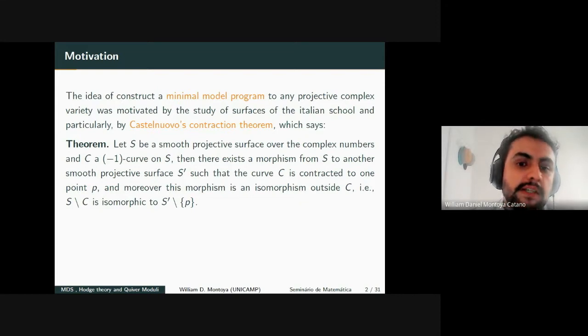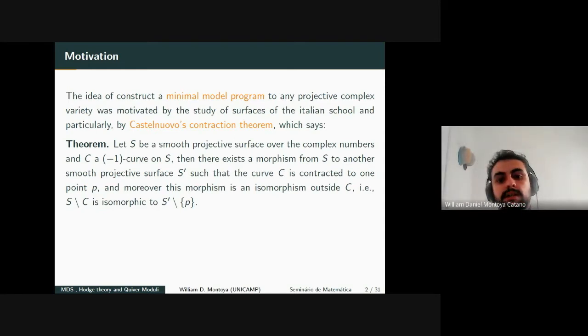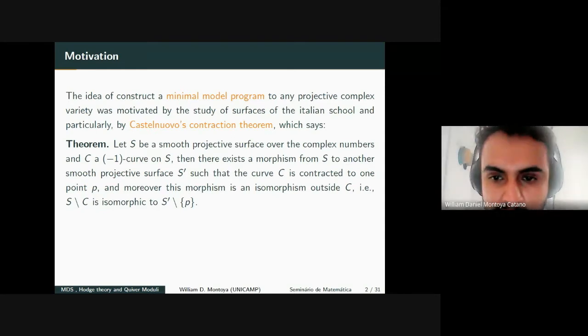If you have a smooth projective surface, and I will always talk about varieties and schemes over the complex numbers, and if you have a surface with minus one curves, these are particular ones because they have the curiosity that the self-intersection is negative, it is minus one.